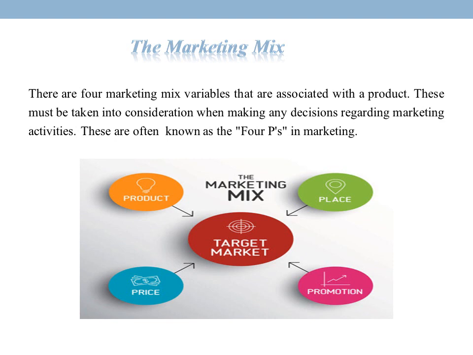And the last variable is promotion, which refers to all activities and efforts by a company to make the product known to the clients. Those efforts might include advertising, personal selling, sales, public relations, and so on.